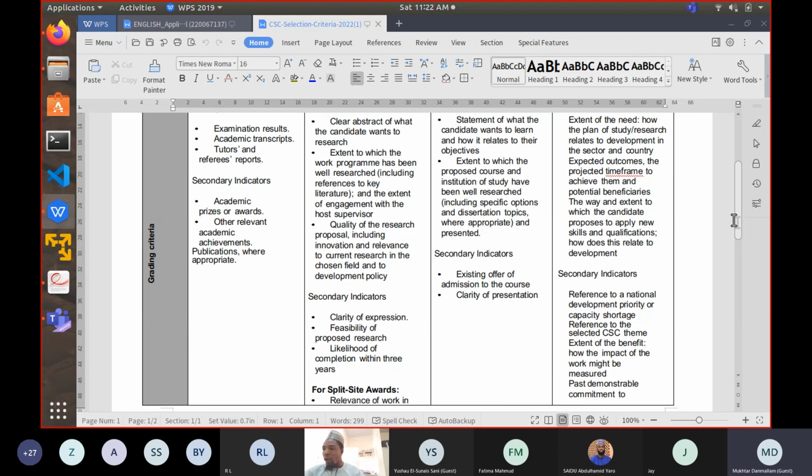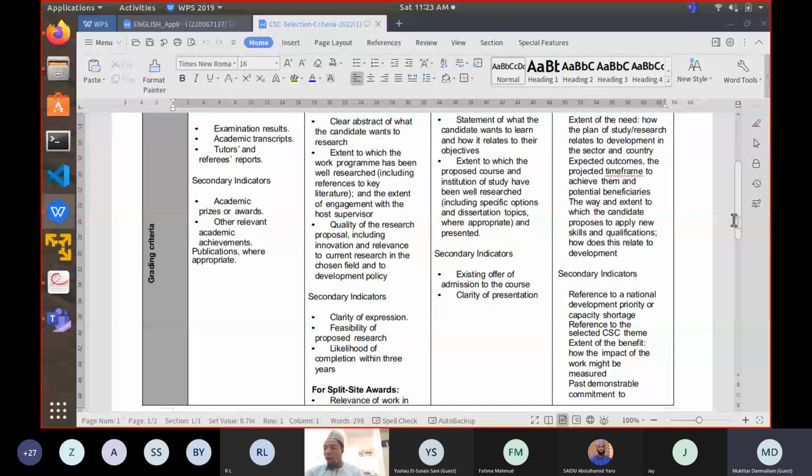And then the secondary indicators that are added to the primary ones. Looking at the clarity of expression, how well do you express yourself and handle this particular research, and then the feasibility of the research. Is it something that can be achieved, or is it just based on imagination, something that has not been done and there is no clear indication that the research can be done?